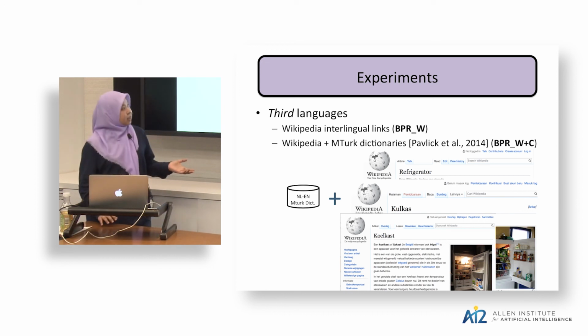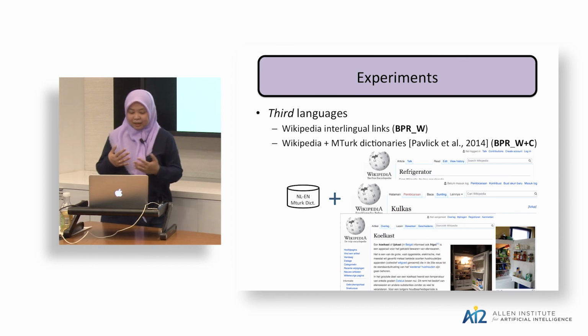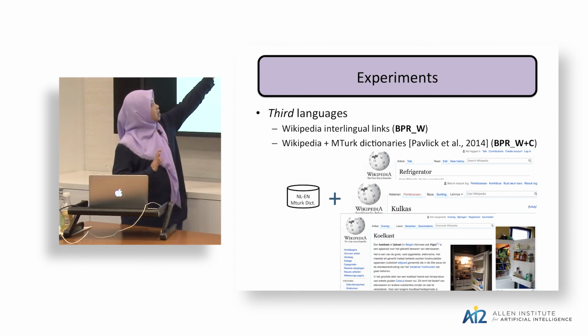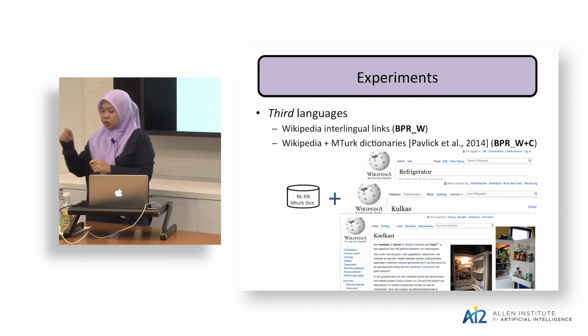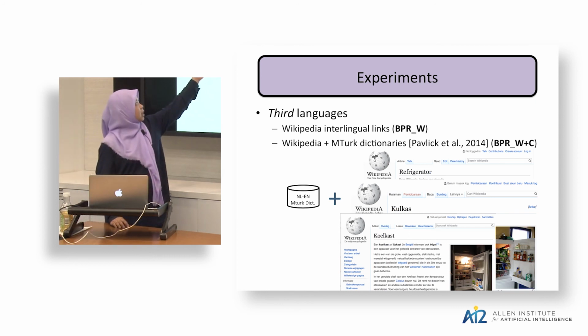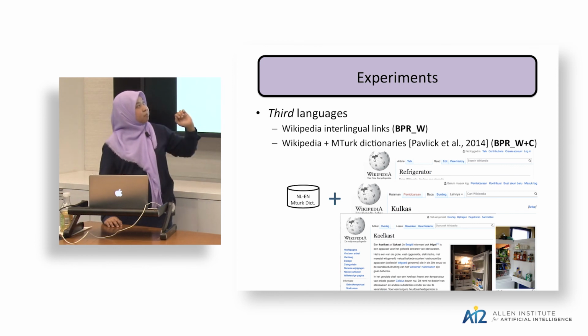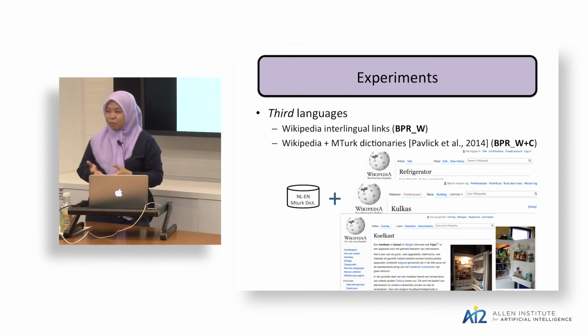And so in the experiments, for observed translations, we use Wikipedia interlingual links, as well as the translation of related languages, for example Dutch to English, based on these Mechanical Turk dictionaries that Chris' student, Ellie Pavlick, already compiled for 100 languages. She has the Mechanical Turk translation to English for 10,000 words for each of the 100 languages.